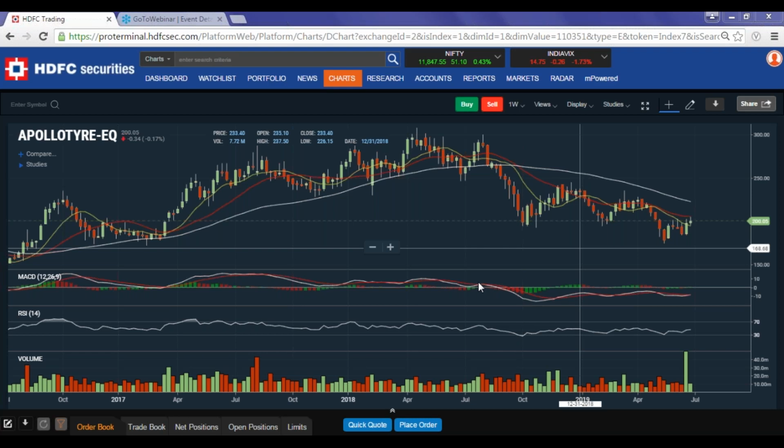Mr. Ashok Nair is asking, is it mandatory that the second peak has to be lower than the first one, or can it be the other way around, that the first peak is lower than the second? Mr. Ashok, the theory says that it has to be compulsorily that way, that the second peak has to be slightly lower than the first one, then only the pattern gets confirmed.